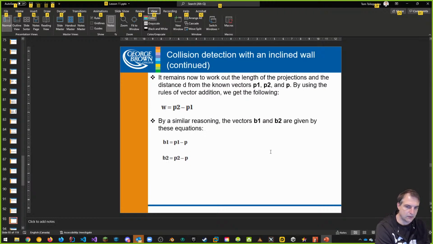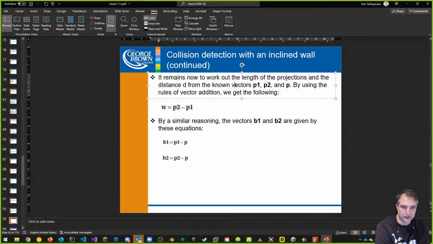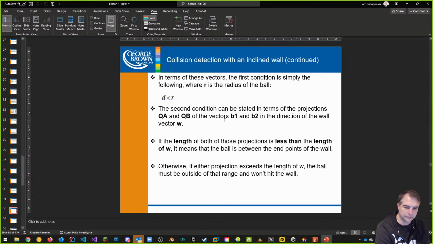So it remains now to work out the length of the projections and the distance d from the unknown vectors P1 and P2, from the known, I mean, and P. By using the rules of vector addition, we get the following. The wall is P2 minus P1.